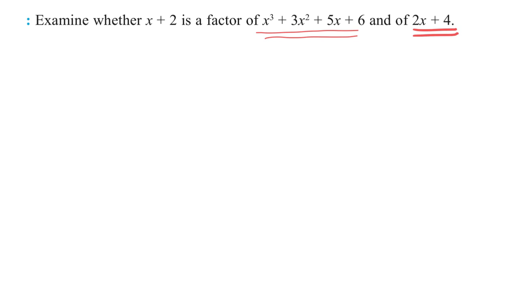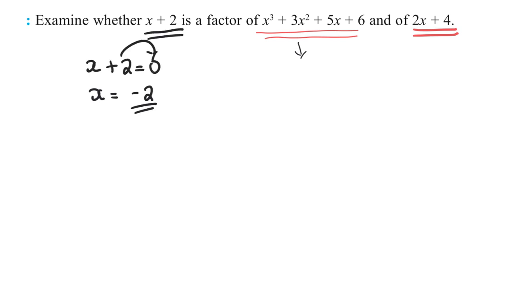Okay, let us first think. Examine whether x plus 2 is a factor of this polynomial. The moment it says that x plus 2 is a factor, can I say x plus 2 is equal to 0, x is equal to minus 2?